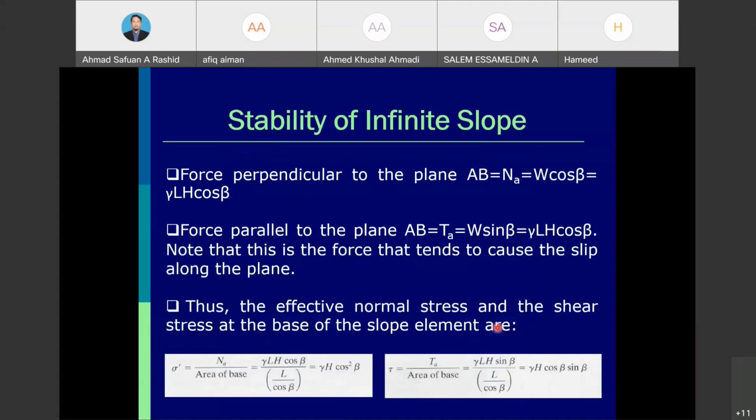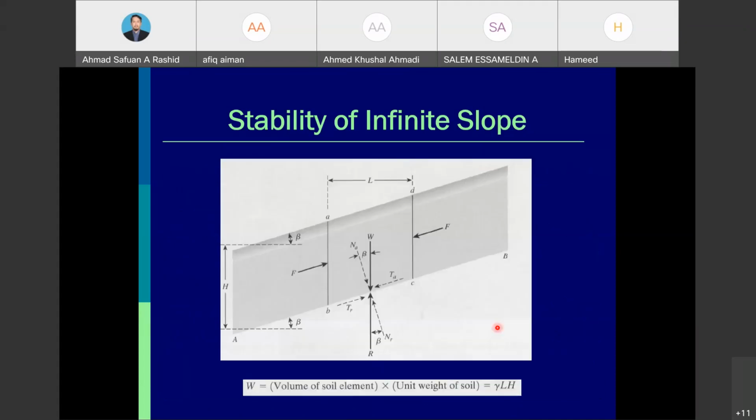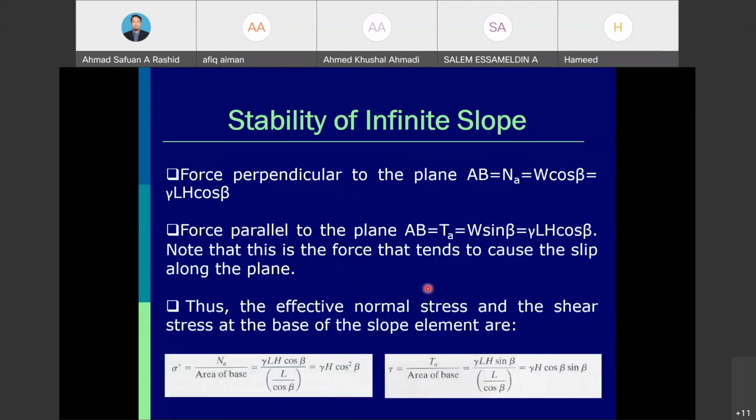Then the force parallel to the plane AB, they call it Ta. So this is the Ta, which acts as a driving force. Then we obtain W sine beta, or gamma LH sine beta.